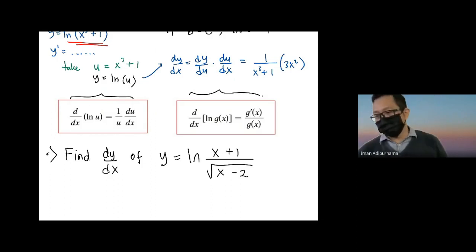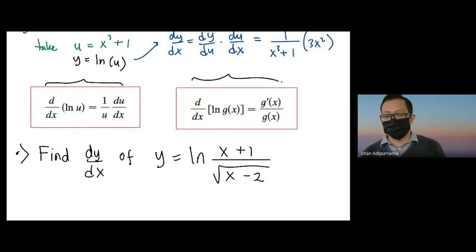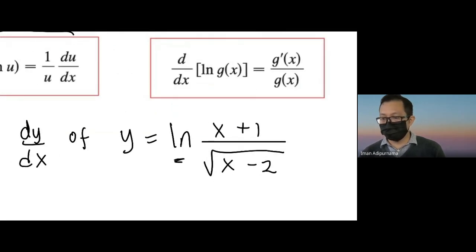Okay. Now, in calculus, the calculus problem is just finding the first derivative, right? But to find the first derivative, we can approach with several methods. But I think the best way to solve this is by looking at this ln.